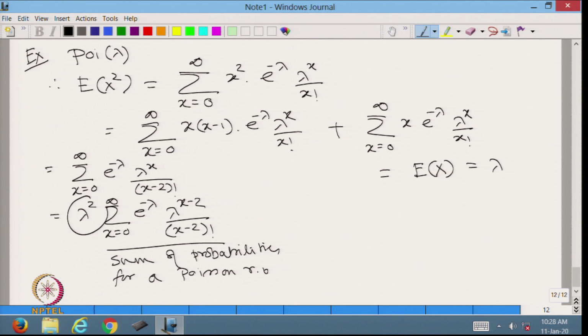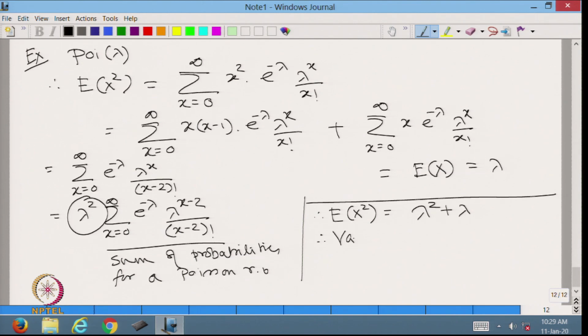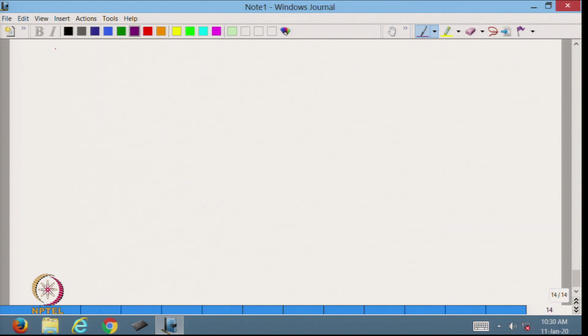Therefore, this comes out to be lambda square. Therefore, the expected value of x square is equal to lambda square plus lambda. Therefore, the variance of x is equal to lambda square plus lambda minus lambda square, which is equal to lambda.